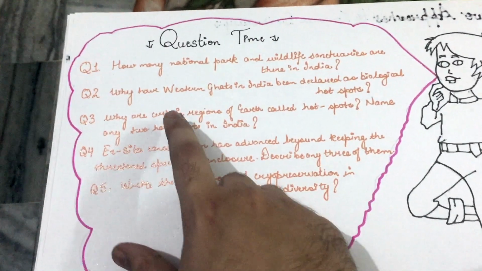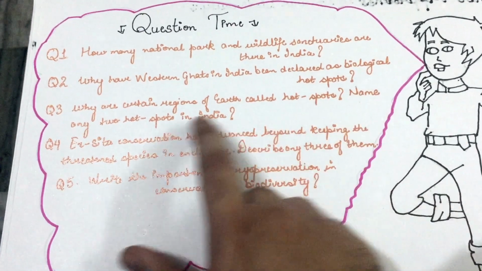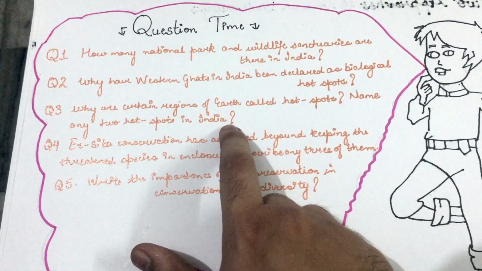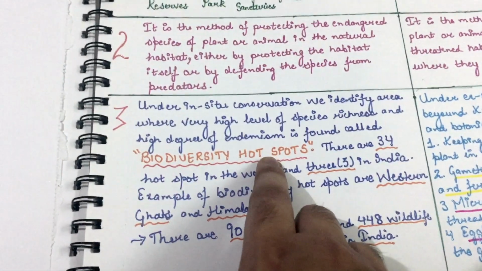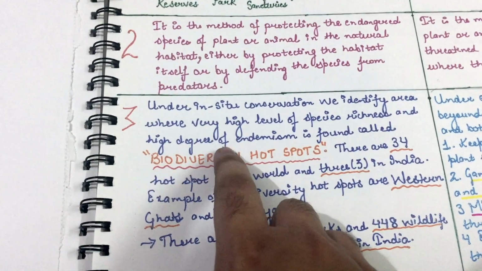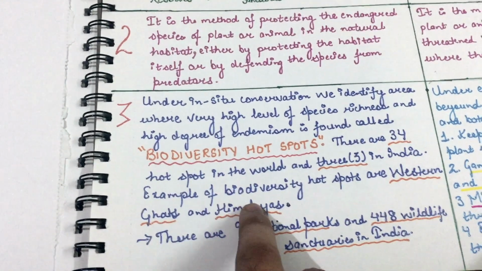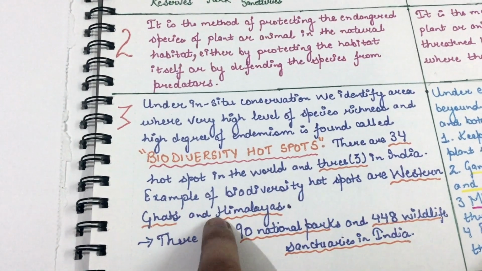The third question is: why are certain regions of the earth called hotspots? Name any two hotspots in India. Certain areas in the earth are called hotspots because they have a high level of species richness and a high level of endemism. And examples of two hotspots in India are Western Ghats and Himalayas.